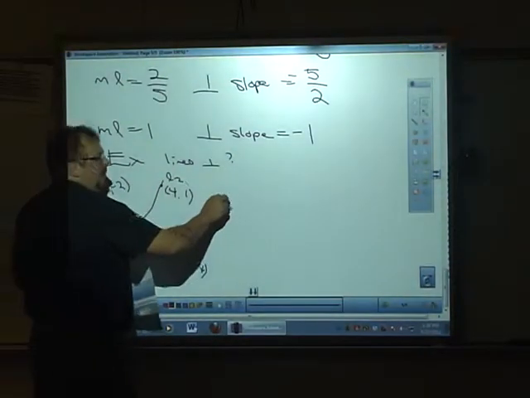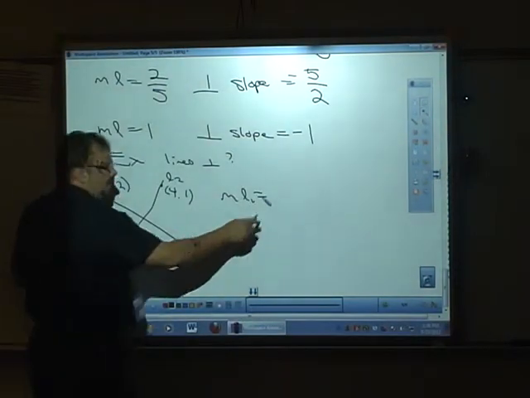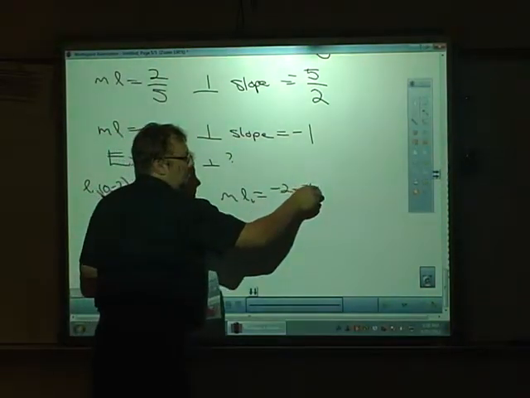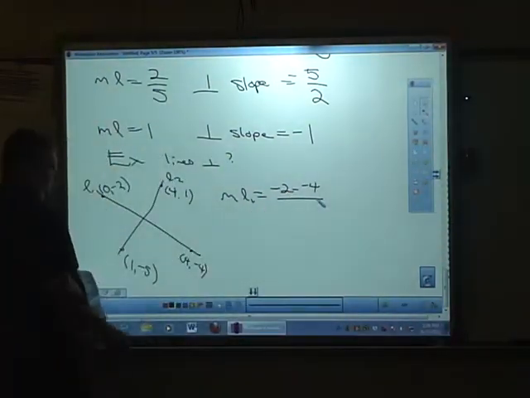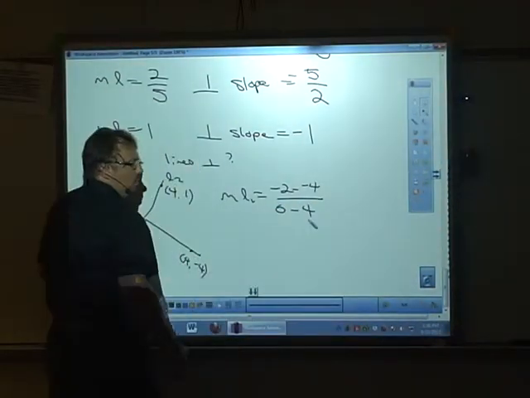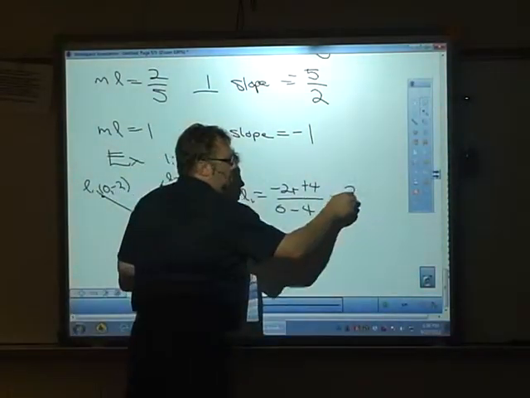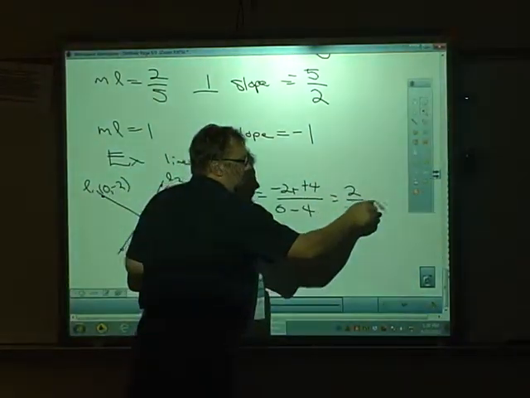So the slope of line 1 is equal to -2 minus -4 over 0 minus 4, which will give us positive 2 over -4, or -1/2.